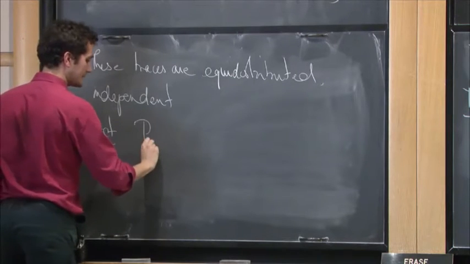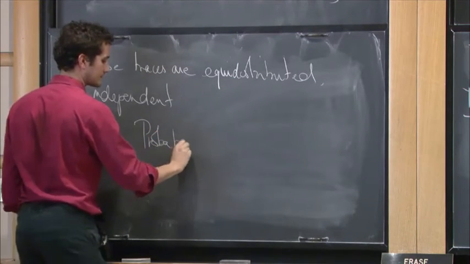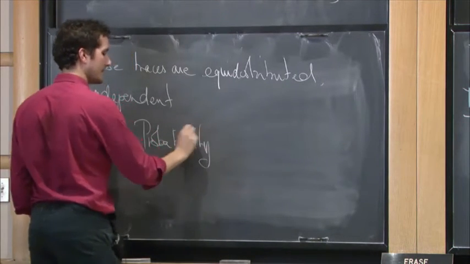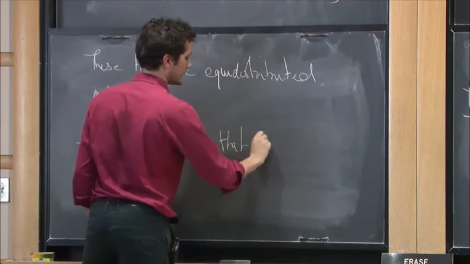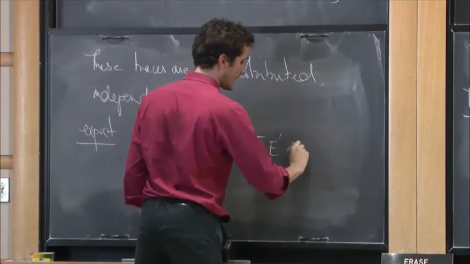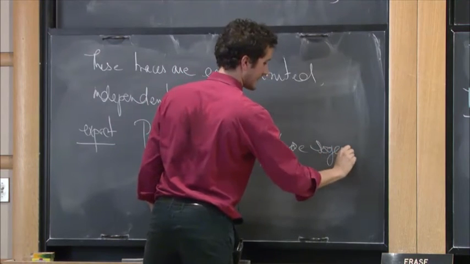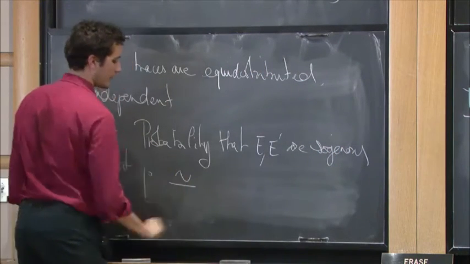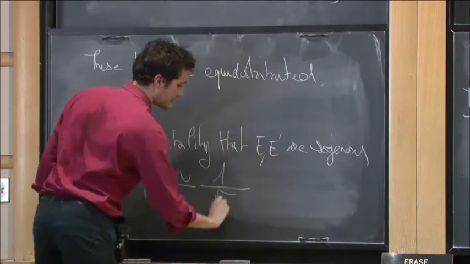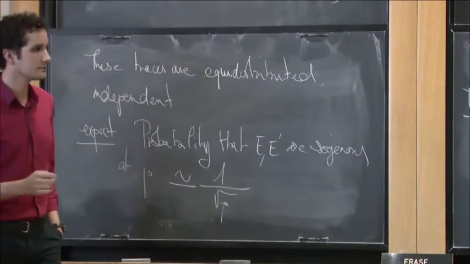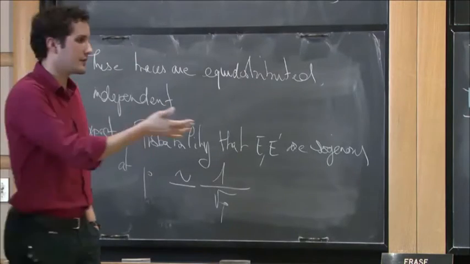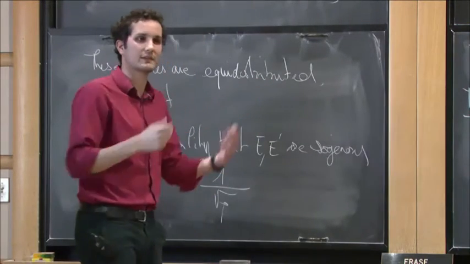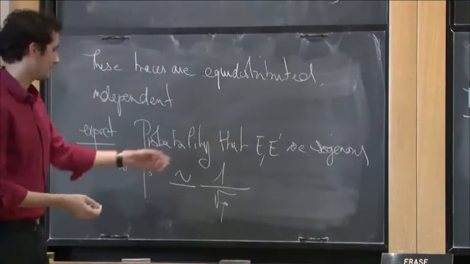And so you expect that the probability that E and E prime are isogenous at P is roughly 1 over square root of P up to a constant. So these are two random numbers between minus 2 square root of P and 2 square root of P, and the probability they are equal is something like that.